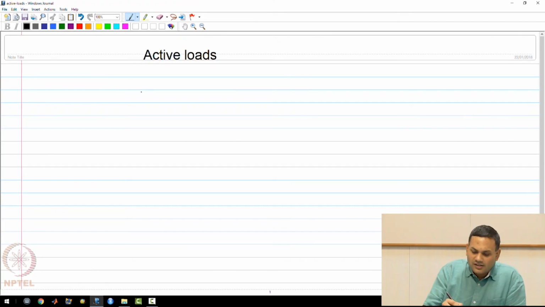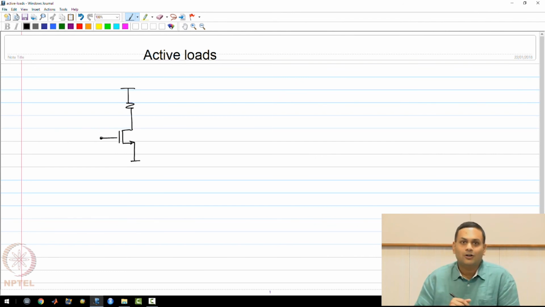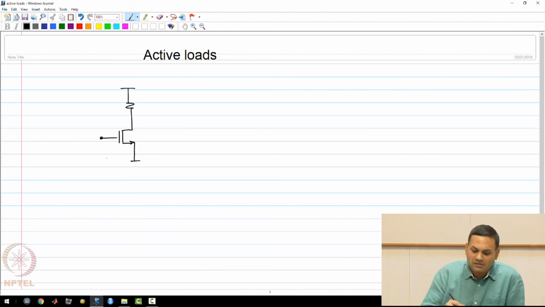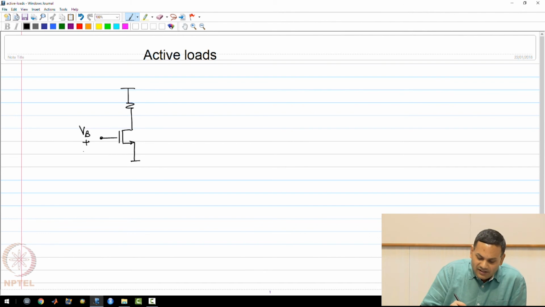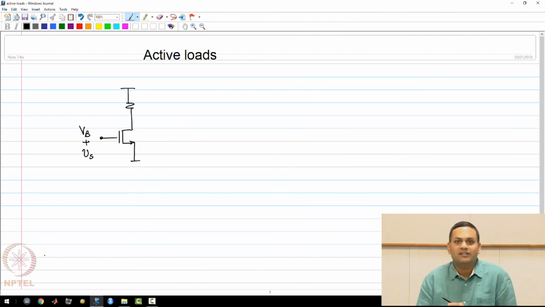In this lecture, we are going to start looking at a particular type of circuit that is going to try to maximize the gain available from an amplifier. So far, you would have seen that the common source amplifier gives you the maximum available gain that you can get. So you will need a bias voltage VB at the gate of the transistor, and the small signal is also applied here.